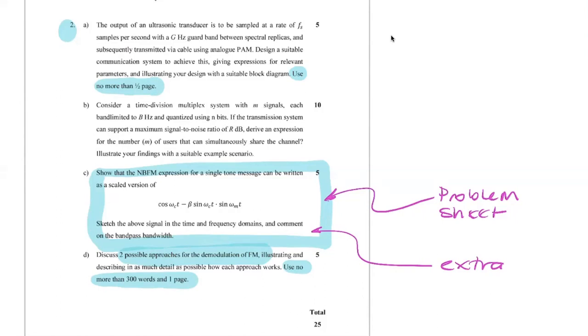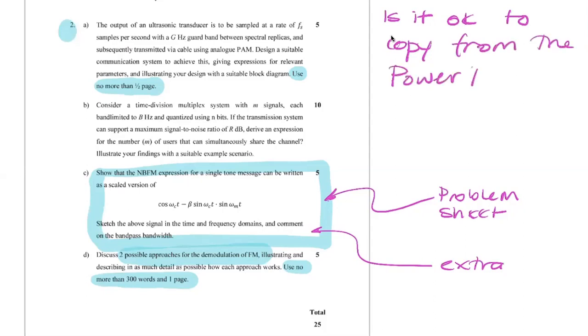Is it okay to copy from the lecture notes? Do you think it's okay to copy from the PowerPoints?